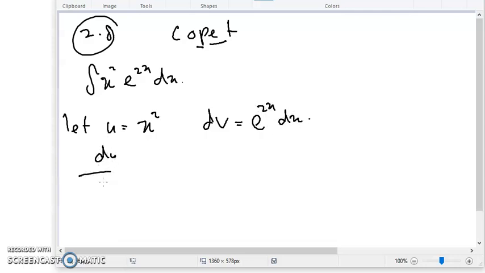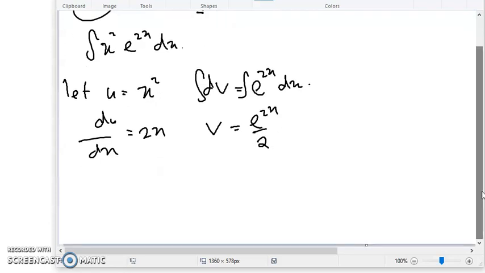And then here we'll be having du, the derivative of u with respect to x, so we'll be having 2x. Integrate your dv, integrate e power of 2x with respect to x, you will be having e power of 2x over 2. And then you are going to substitute into the formula, which is uv minus integral of v du.